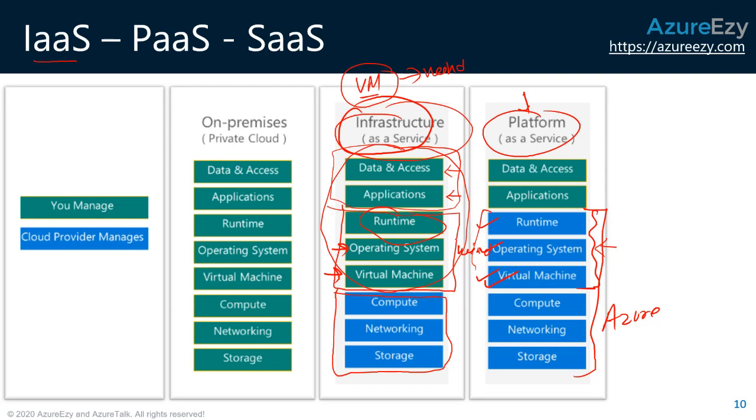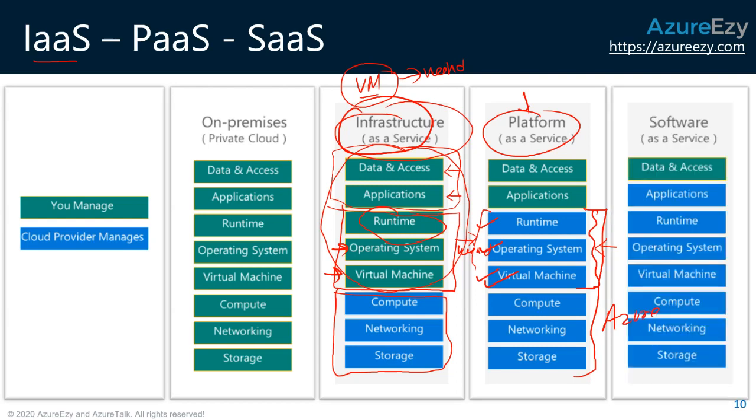When you mature your service to start using some of the platform as a service solutions, then you start reducing your responsibility, and it becomes a responsibility of your cloud provider. And if your service matures further, and your organization's cloud adoption matures, then you go into the software as a service model, where all you care about is your data and access.